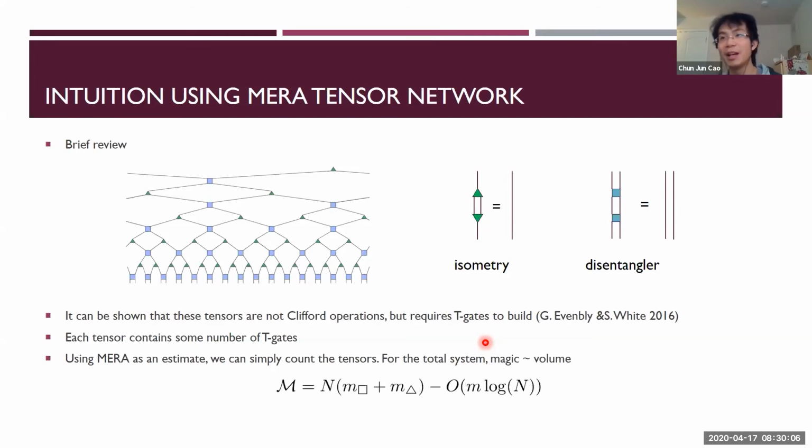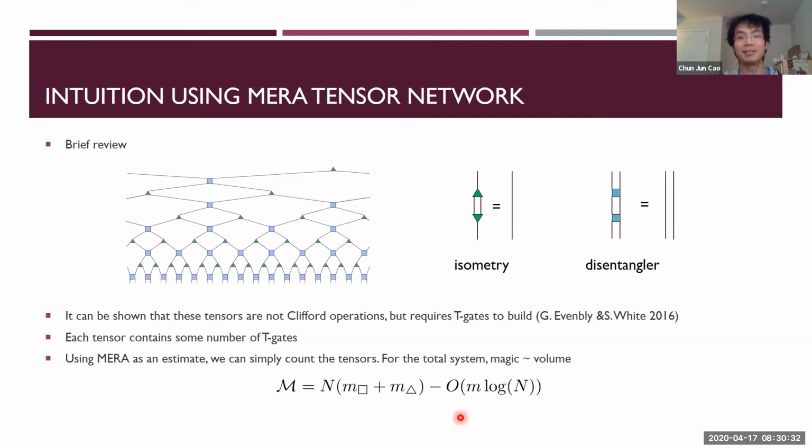Now, we don't know how many exactly because we'll have to do the optimization procedure. But let's just say a square contains m_square units of magic, and let's say the triangles contain m_triangle units of magic.